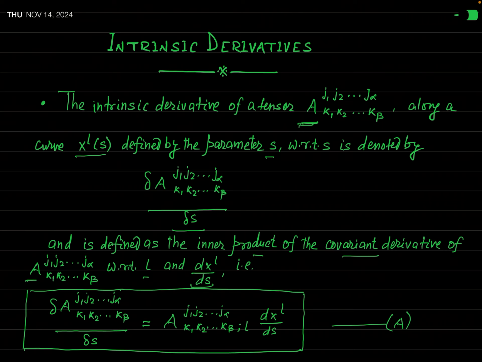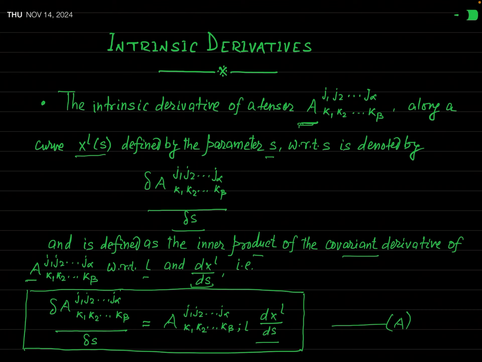So in this process, first of all, we will have to find the covariant derivative of the tensor, and after finding the covariant derivative, you have to take the inner product of the covariant derivative of the tensor with this factor dx^L by ds. In this way, the result obtained is called the intrinsic derivative.